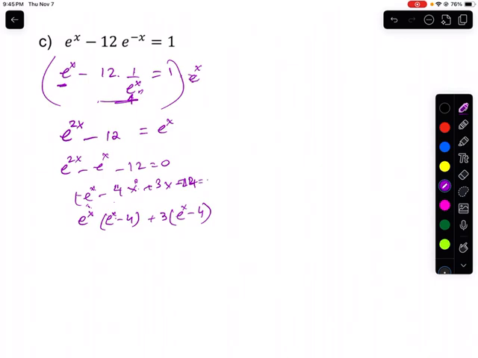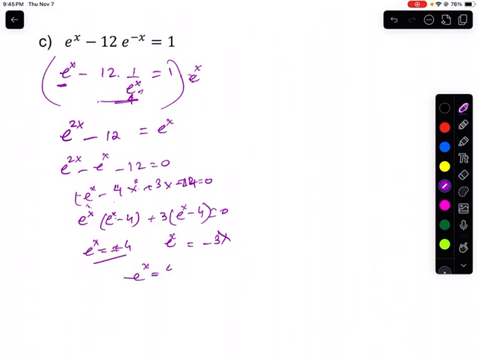You can either use the u substitution, or you can directly do it like that. So we get e to the x equals positive 4, and e to the x equals negative 3. This is not possible, only the first is correct.